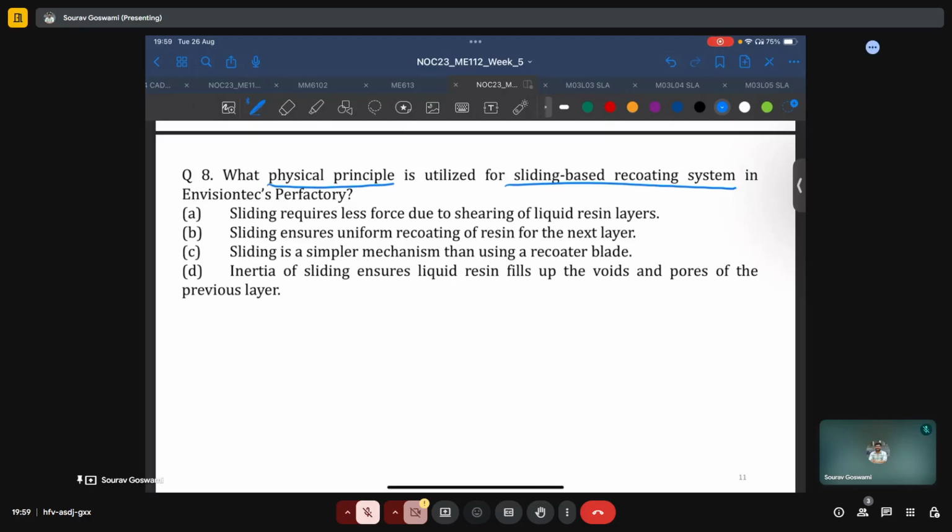That is because the liquid resin layers present between the cured part and the window, as well as surrounding the cured part, are weak to shear, and thus sliding requires very less force. So option A is correct.